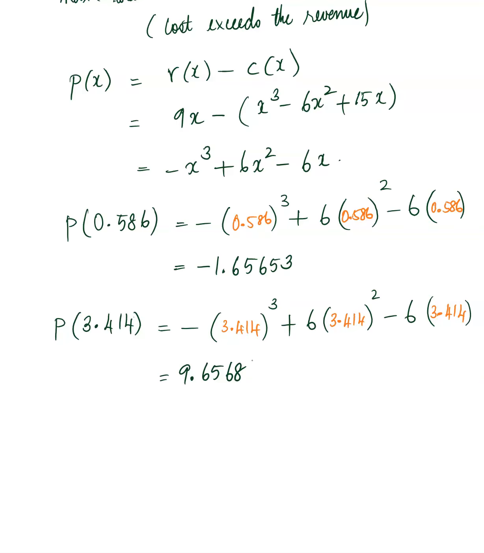If you did the concavity, you will also know if this is just a local max or if it's the absolute max. We know that this is going to be the absolute max, and we can verify that by checking the concavity. That way you know where it is concave up and where it is concave down. If you took the second derivative at 0.586 and plugged that value in, it gives you a positive value from the second derivative test, which means that it's concave up.